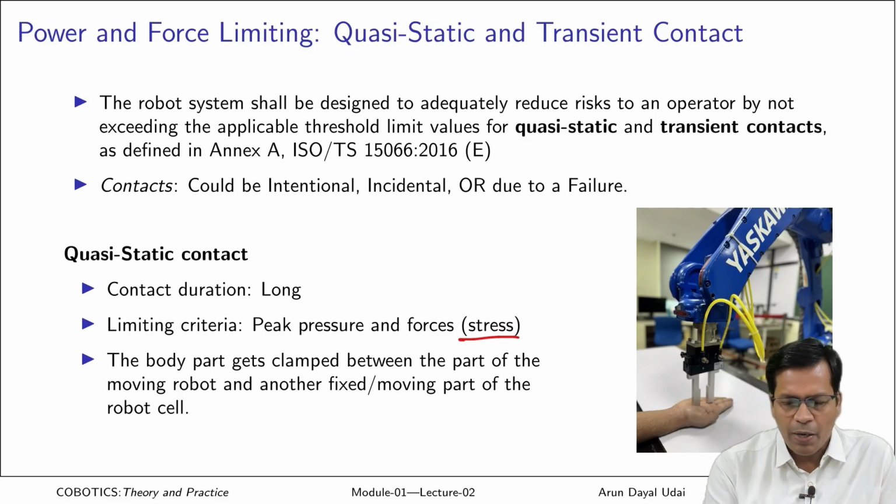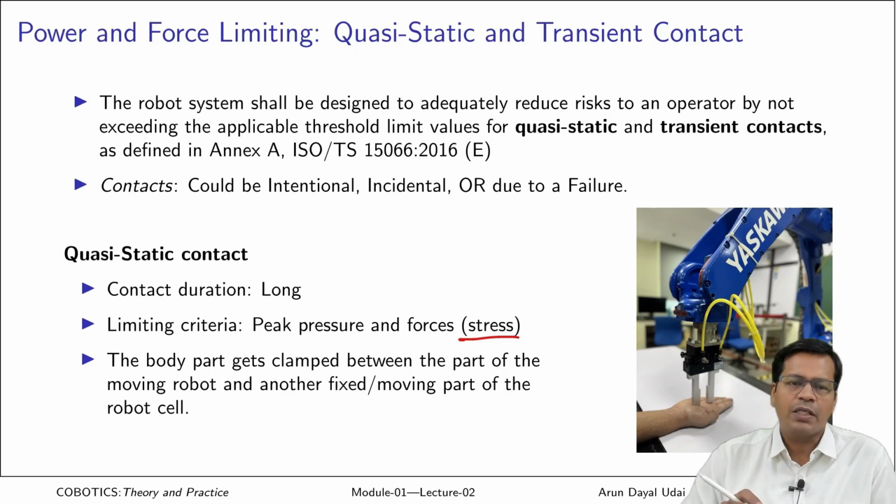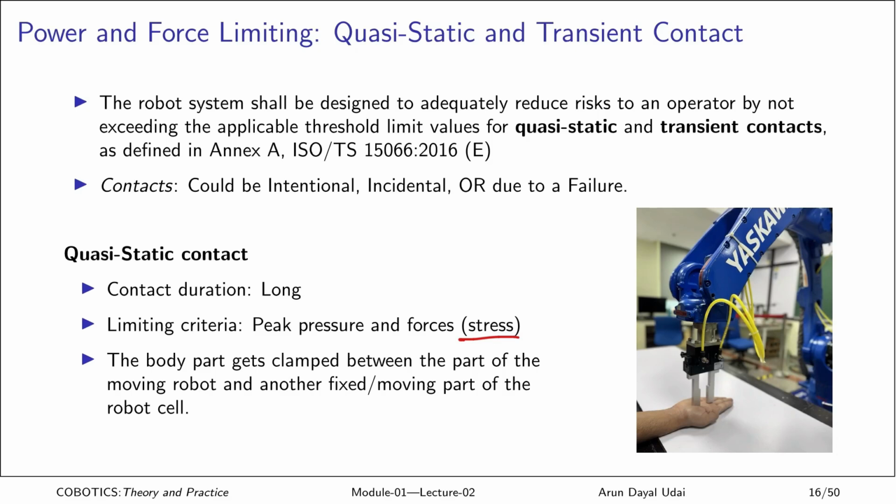The body part gets clamped between the moving part of the robot and another fixed or moving part of the robot cell. Over here it is shown, the hand is getting trapped, right. It is clamped between the table and the robot's two-fingered gripper. Okay. The person cannot move out his hand. So, this is one of the cases.